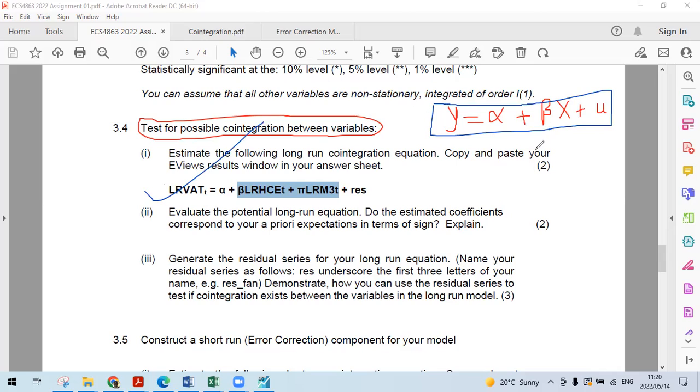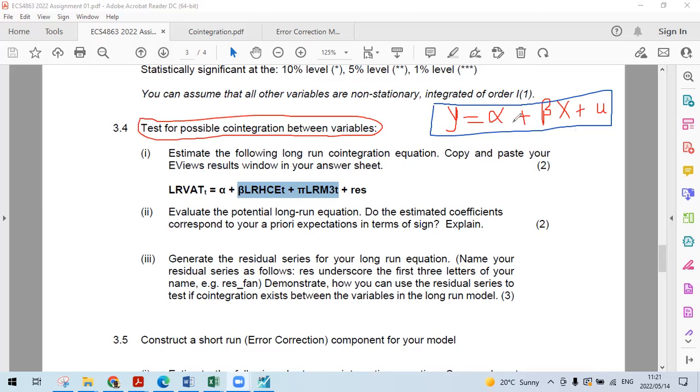After getting the equation, you now use your methods of testing for co-integration. So before you test for co-integration, you need the long run co-integration equation first, which is this one. We're done with this. Are we together there? Right? Now, how do we test?